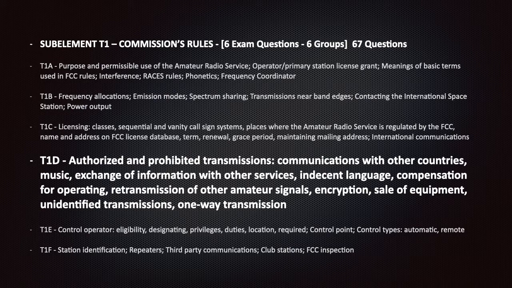Today we will cover T1D, authorized and prohibited transmissions, communications with other countries, music, exchange of information with other services, indecent language, compensation for operating, retransmission of other amateur signals, encryption, sale of equipment, identified transmission or unidentified transmissions, and one-way transmissions.